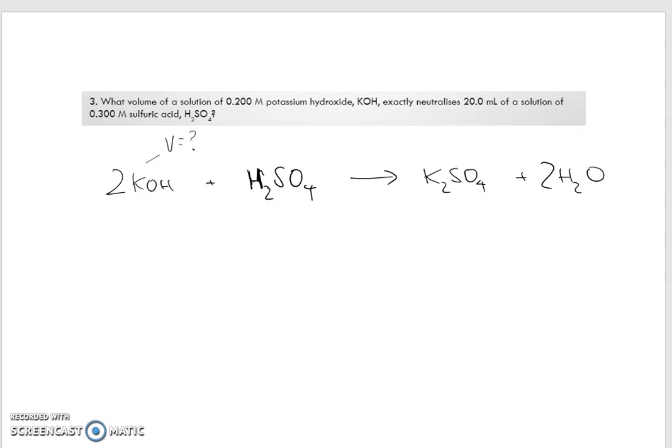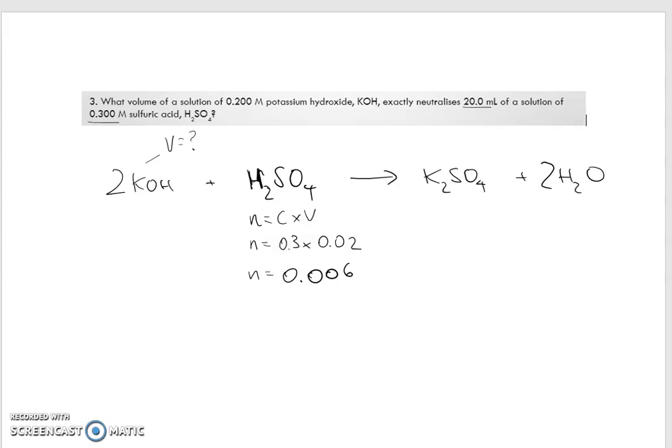Well, it would be the sulfuric acid, because I have a volume and I have a concentration. And so if I have a volume and a concentration, I can figure out the amount of moles of sulfuric acid I have. So 0.3 times 0.02. And so the amount of moles of sulfuric acid that I have in my beaker is 0.006.